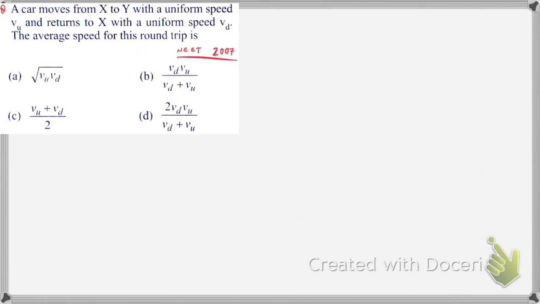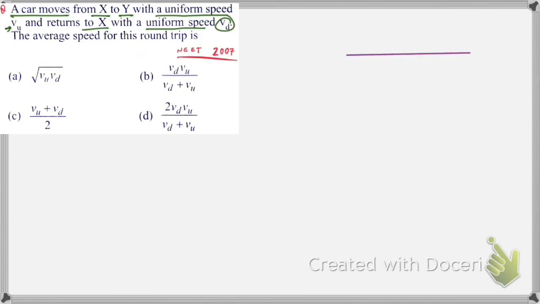So here is the next question. A car moves from X to Y with a uniform speed of VU and returns to X again with uniform speed VD.